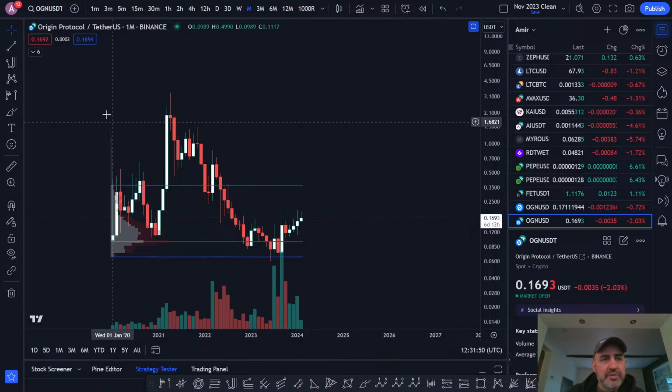I'm actually inclined to use this, just the USDT chart, not the US dollar chart.